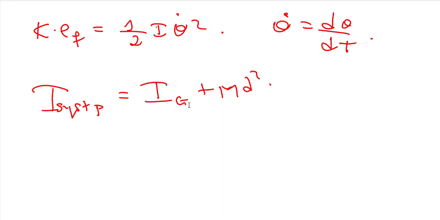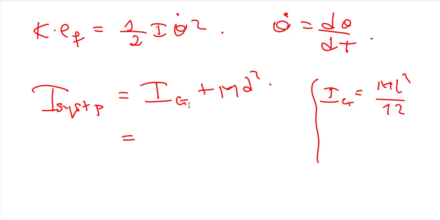Here M is the mass of the rod in our case, and d will be the distance from the centroid to the point P. The moment of inertia of a rod about an axis passing through the center is given by ml squared divided by 12. All this information is given in the formula booklet, so you can verify it there.